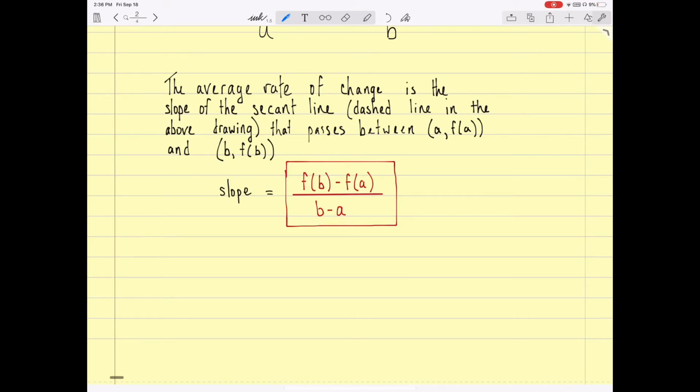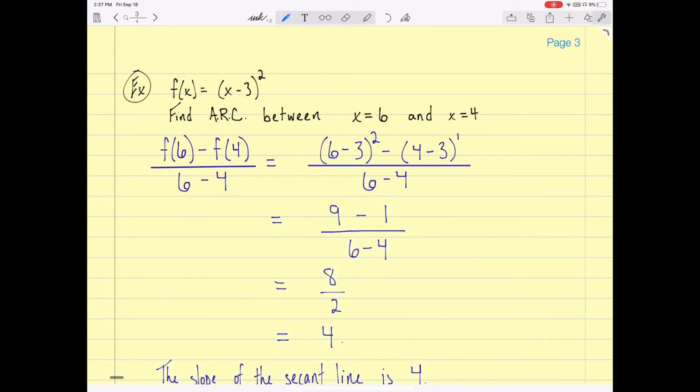If you're looking at a linear equation, this is m. If you, instead of using f of b and f of a, use y's and x's, this is the same as y sub 2 minus y sub 1 divided by x sub 2 minus x sub 1. So this is really just the slope, and the only difference here is that we're using function notation to notate it. So let's look at an example of that one.